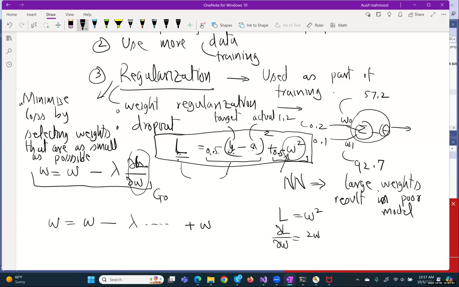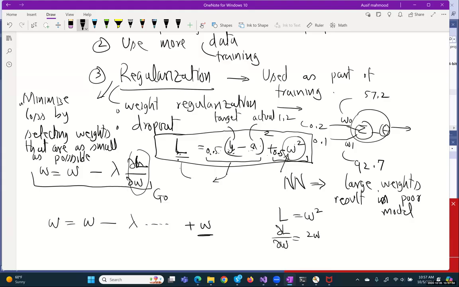So this is what we were already doing, okay? So what will get added then? Plus w will get added, okay? So that's what we will add to everything. And now the end result will be the neural network that we train will be less susceptible to overfitting, okay?